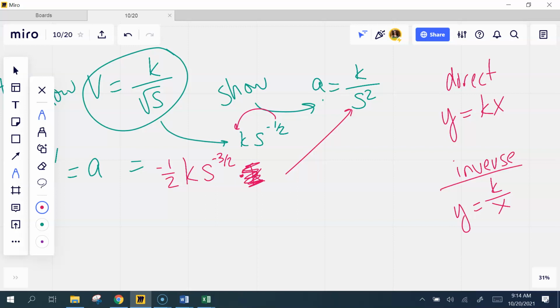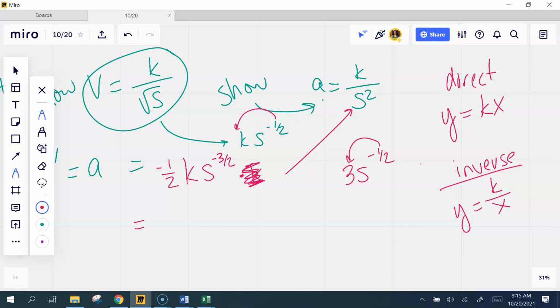It's not another function. Okay, so just the power, think about it. If it was 3s to the negative 1/2, you wouldn't do multiply here and then multiply by a 3 on the end. Same thing. We have to look at k as a constant here. That's why. If k was another function, I would have to do that.